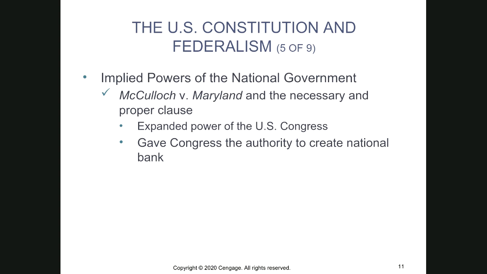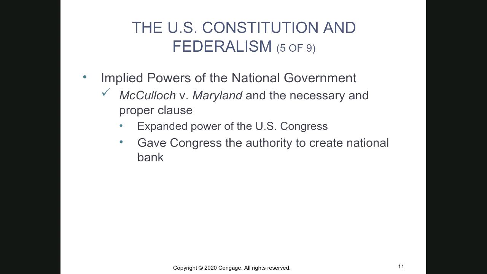We know that it gets to tax. We know that it gets to do all of these other things. And so in order to do those things effectively, doesn't it really make sense that they have somewhere to store their currency? So even though we don't see that ability listed in Article 1, Section 8, we think that the federal government still has it because of the necessary and proper clause.